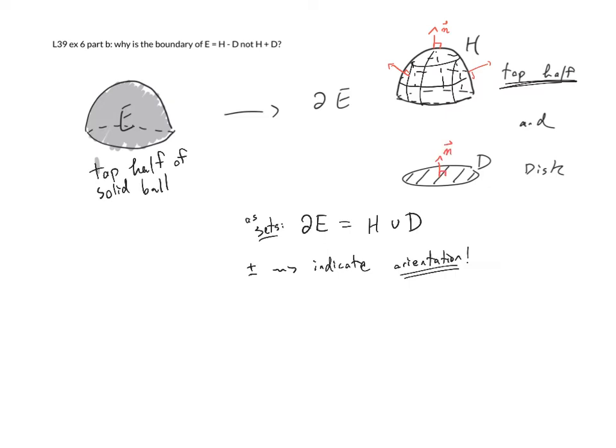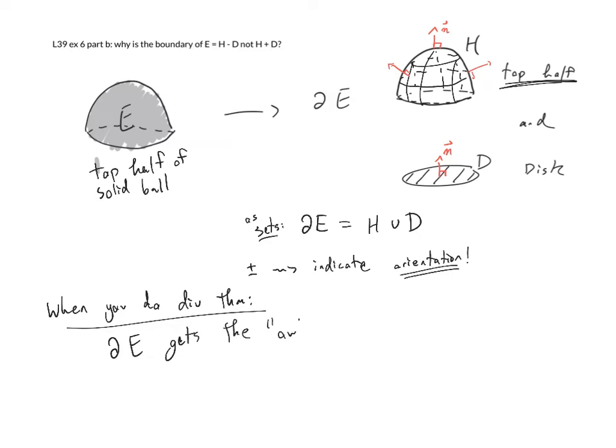Now, the reason why the boundary of E is H minus D is because when you do the divergence theorem, you have to follow the following rule for orientations on the boundary. So the boundary of E gets the outward normal orientation.